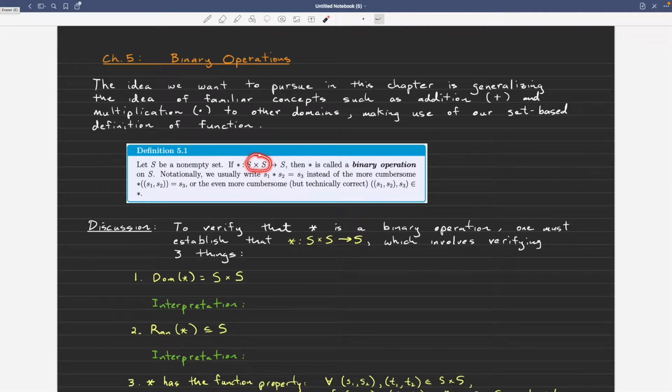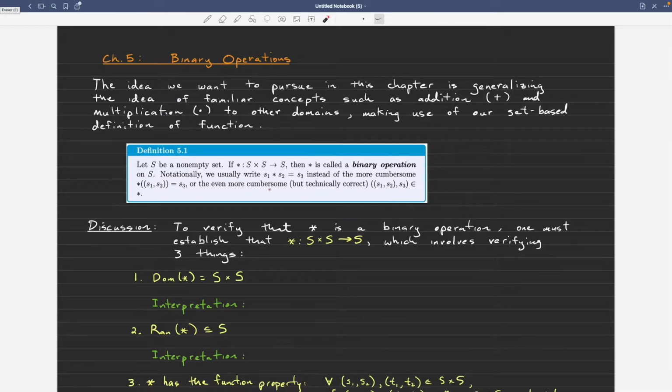Now order is important because maybe when we do S1 star S2, we get a different result if we turn it around and do S2 star S1. So the ordered pair part of it is important also, but we're thinking of it as we've got two inputs, and that's captured by an ordered pair. And then the output value is just a single value in S.